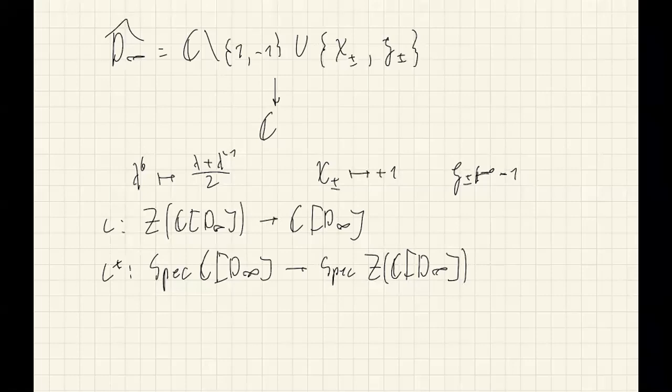So what we do here, here is the space of irreducible representations, and here is also a space of irreducible representations, which for commutative algebra coincide with the set of characters. And so this map maps irreducible representation to the corresponding central character.